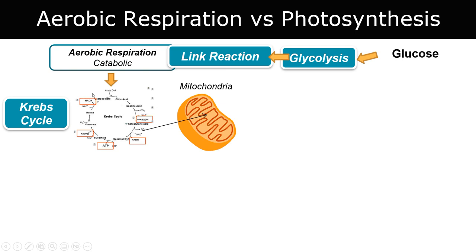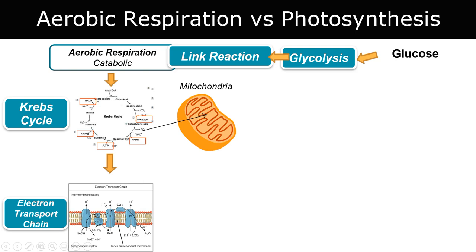Again, the main point of the Krebs cycle is the creation of these electron carriers, because they go off to the electron transport chain, which occurs within the inner membrane of the mitochondria, also known as the cristae. Once these electron carriers reach the electron transport chain, they are oxidized.